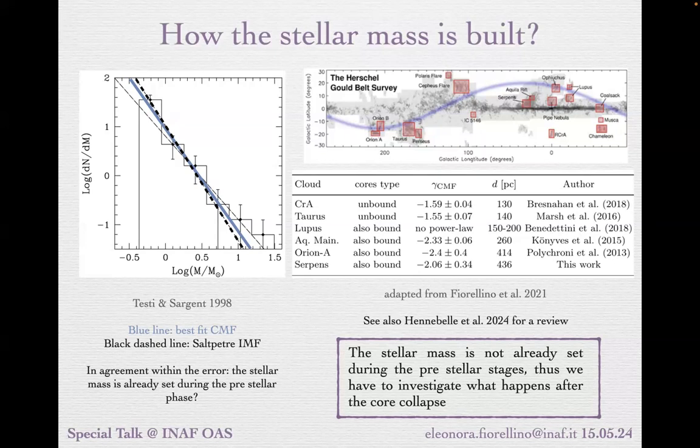So how can you define a prestellar core? With Herschel, we see differences within 500 parsec, and with ALMA, we discovered that those prestellar cores can be extremely complicated.